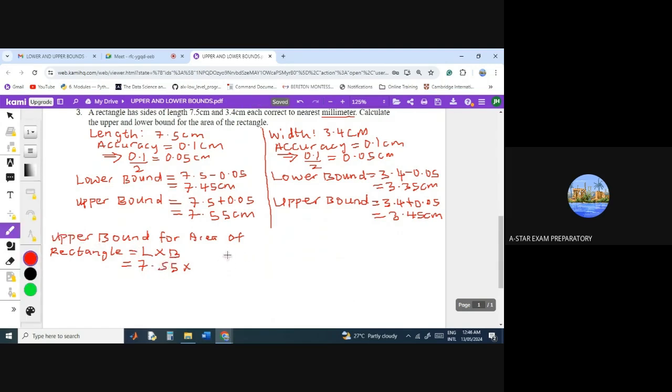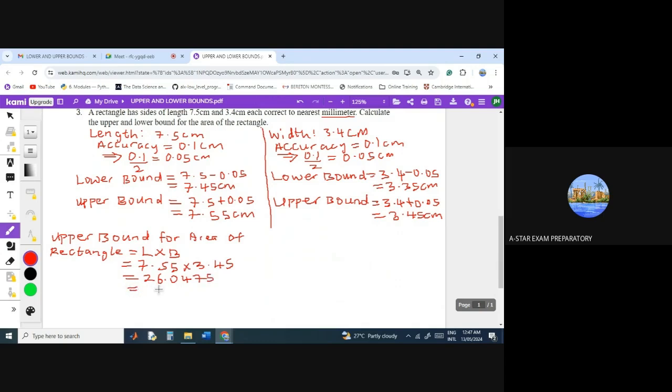Then the upper bound for the width is 3.45. So we multiply this and we see what it gives us. 7.55 times 3.45. That gives us 26.0475.